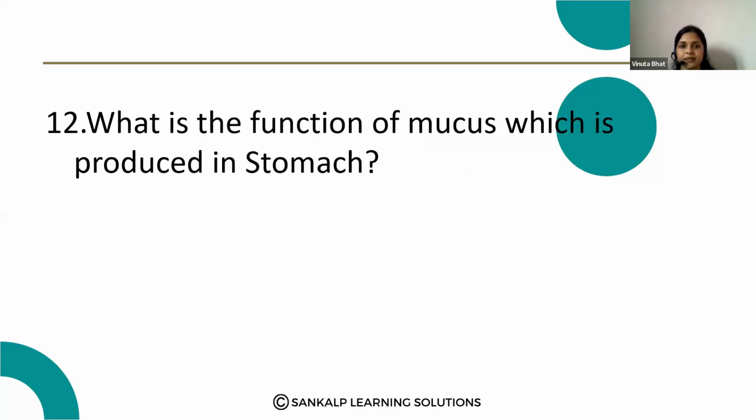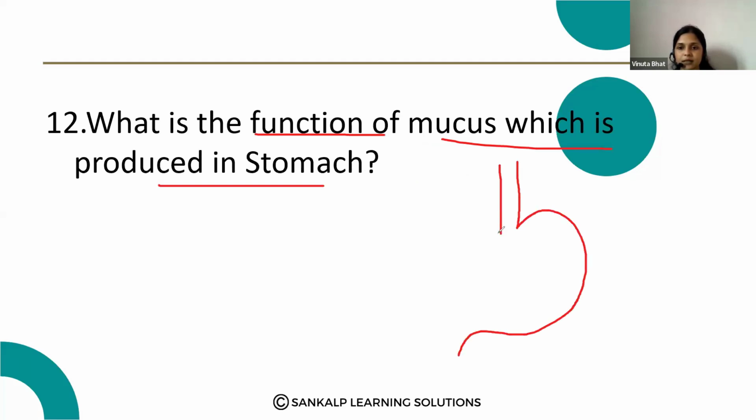Next question. What is the function of the mucus which is produced in the stomach? Just imagine this is the stomach. The mucus protects the walls of the stomach from the acid. HCl is a strong acid which may damage the walls of the stomach.